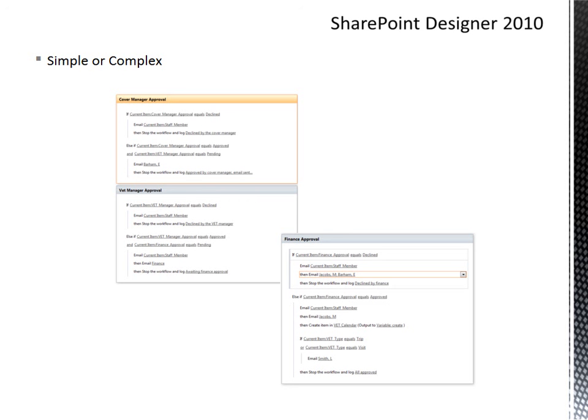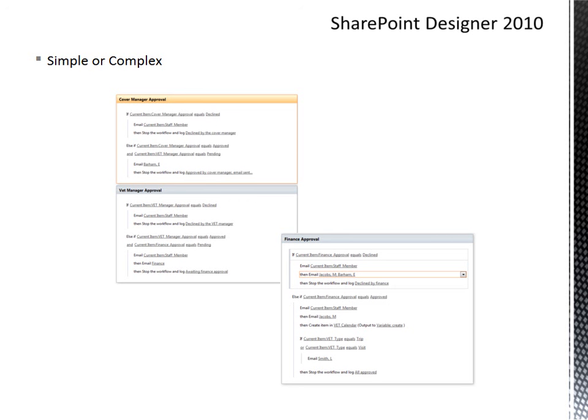So in the top section, we are basically looking: if the cover manager approval has been declined, then send an email to the staff member telling them. If it's been approved, then send it to the line manager, and so on and so on. Then we've got different approvals and financial approvals and so on and so on.